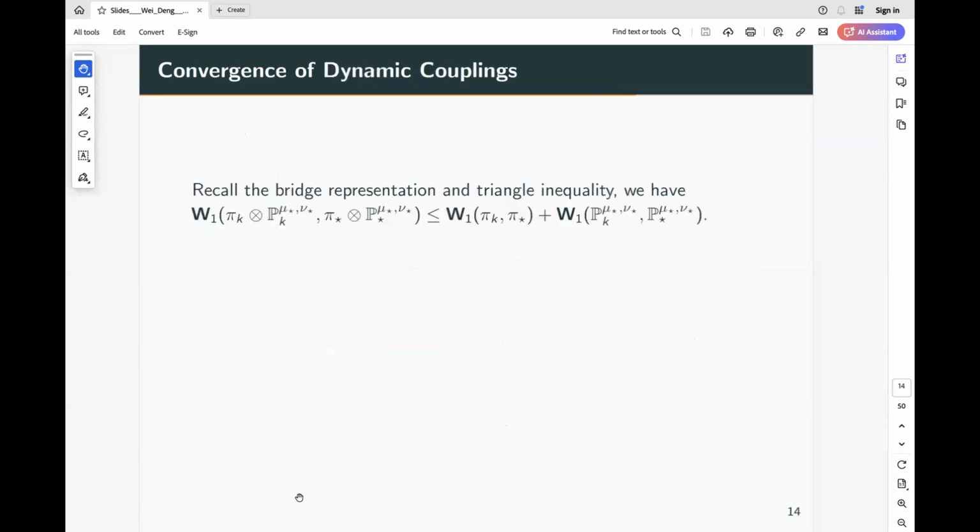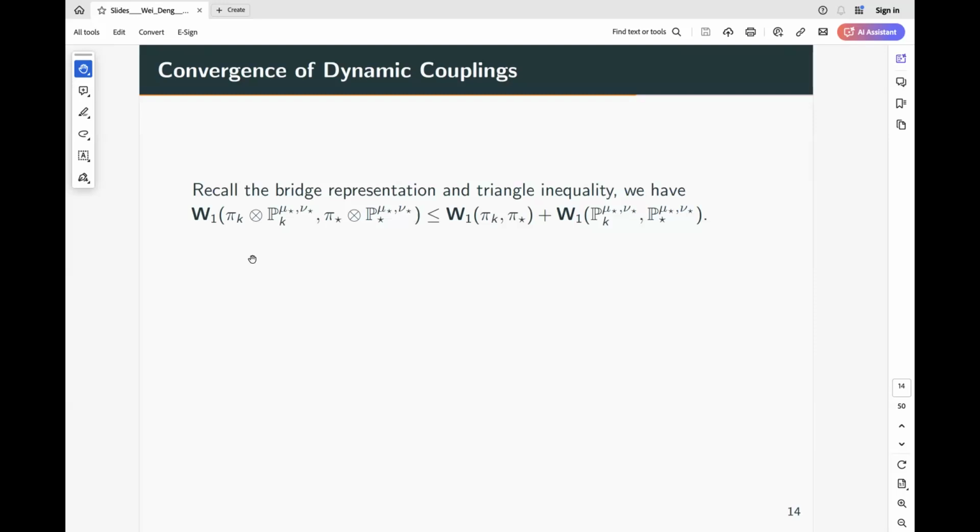So the end of the result is not a formal result, but some kind of conjecture. Actually, the convergence of the dynamic coupling is still an open problem, but it's an important problem and also quite interesting. So recall that we have a bridge representation for the couplings, and we can represent the dynamic coupling as a static coupling with some diffusion bridge.